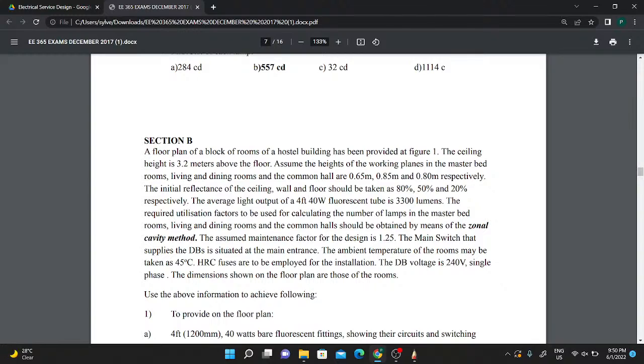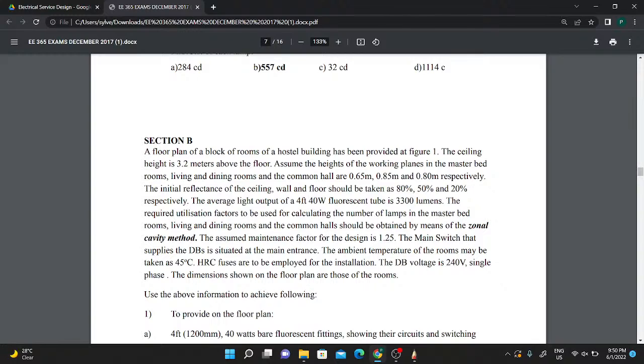Please, we are using the floor plan we used for our assignment, so if you have it with you, kindly take it, because I'll be making references to it. If I say the area of the master bedroom is, let's say, 3.66 by 5.18, you know what I'm talking about, so that we can work hand in hand. Thank you very much.